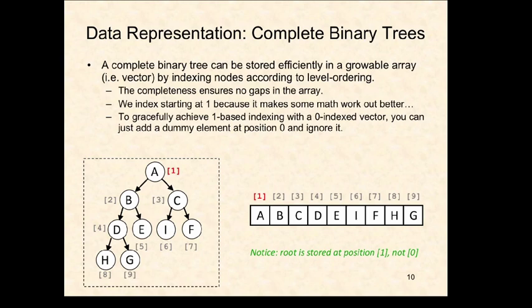For example here, we've got a complete binary tree on the left, and we showed the indices as if it was one-based indexing. Why one-based indexing? We're trying to stay consistent with CLRS on this one because it is a good resource for this. It also makes our math work out a little bit better, and there's a couple ways to implement this.